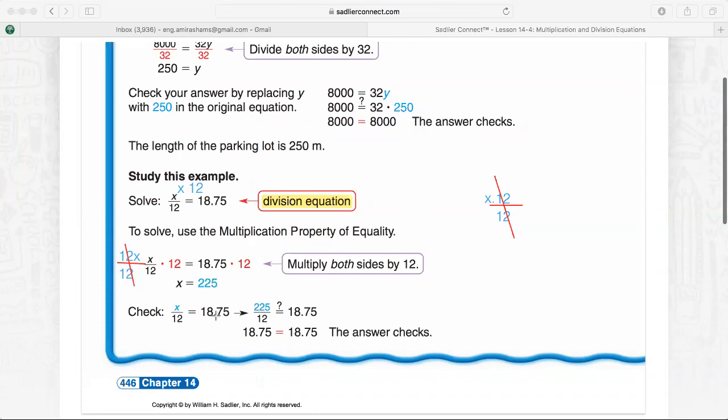Okay, girls? Again, I have x over 12 multiplied by 12. When I apply the rules of multiplying fractions, I multiply the numerators together and I multiply the denominators together. When I multiply the numerators together, I got x multiplied by 12, so it is 12x.